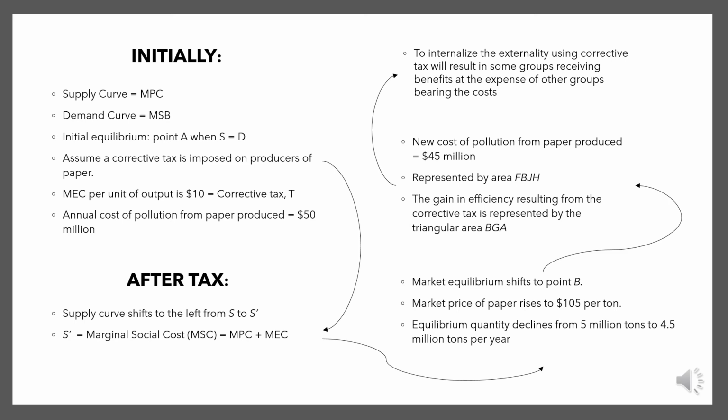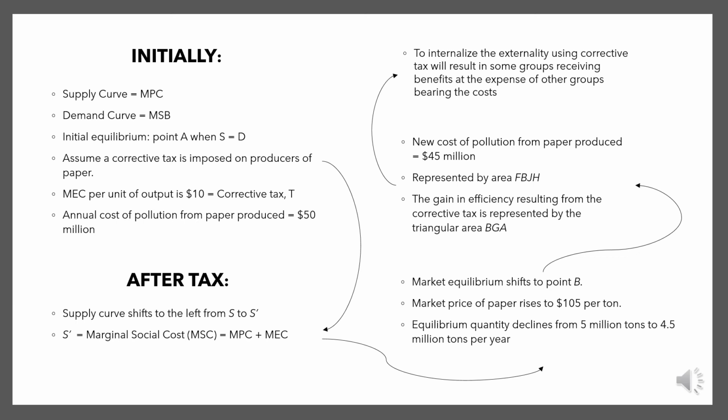The marginal external cost, MEC, per unit of output is assumed to be $10, which means it is the corrective tax T. Initially, the annual cost of pollution from paper produced is $50 million.